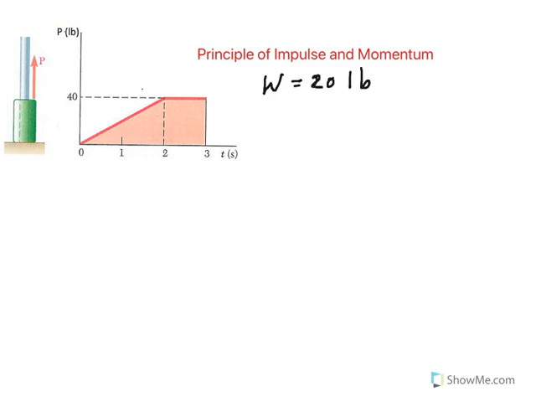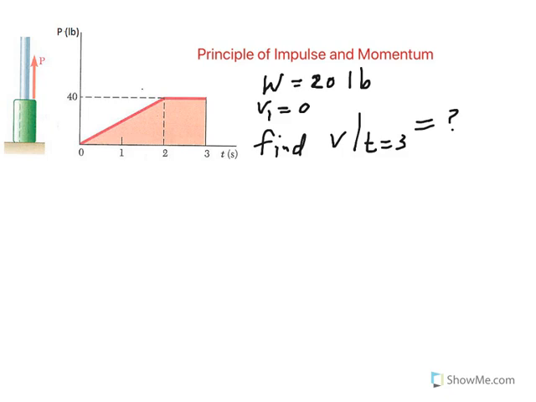Remember, the weight is 20 pounds, but the mass is 20 divided by 32.2, in slugs. Clearly the crate is sitting on this platform at rest, so the initial velocity is 0. I want to find the velocity at t equals 3 seconds, the end of the interval where the load is changing with respect to time.